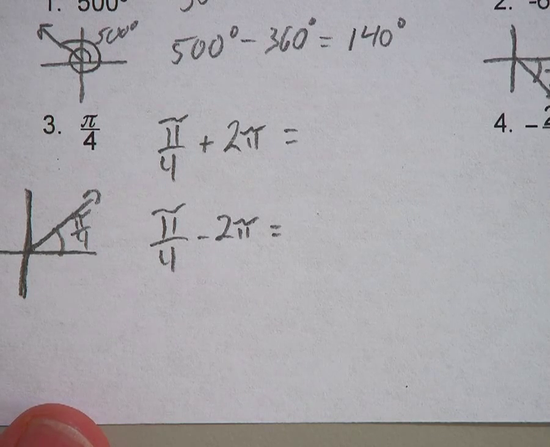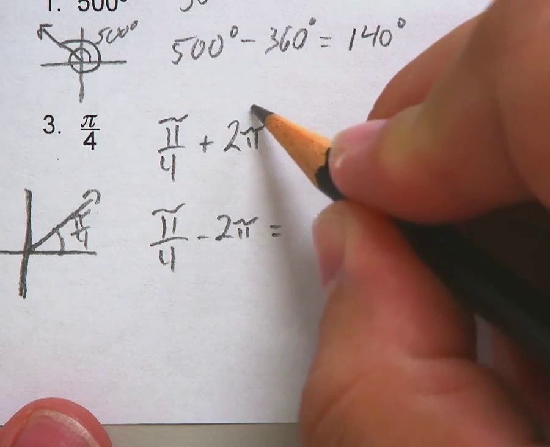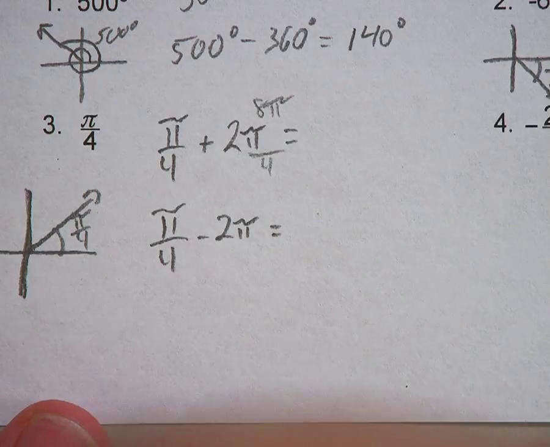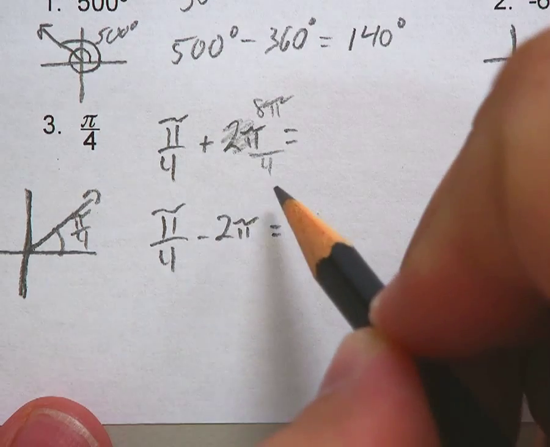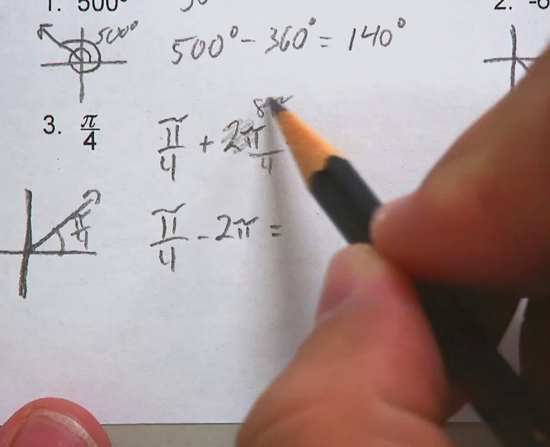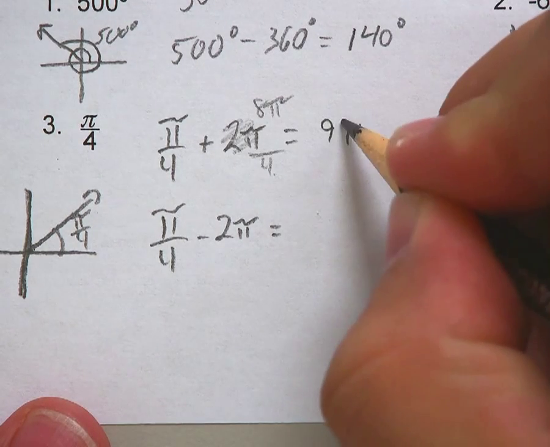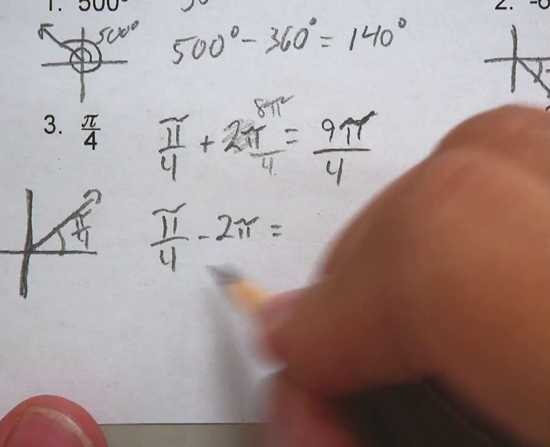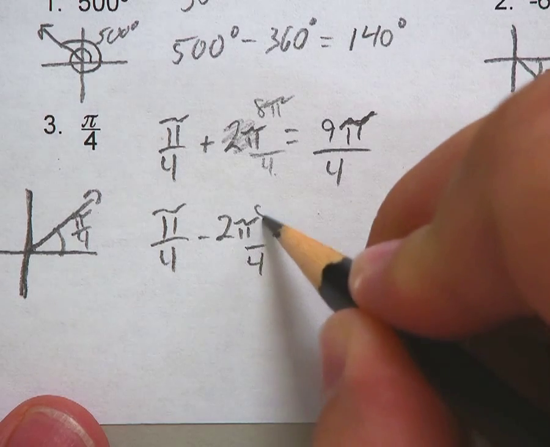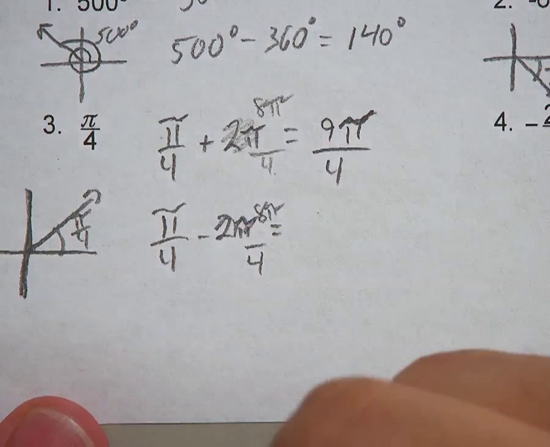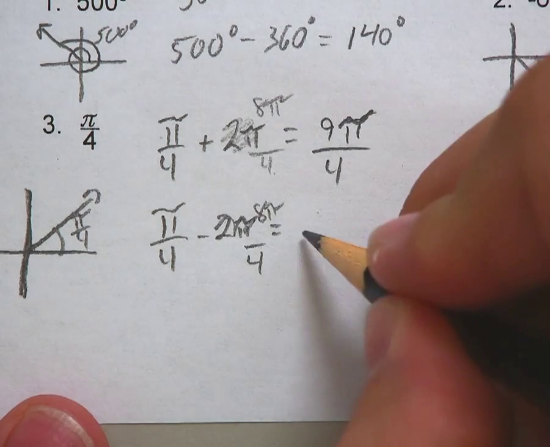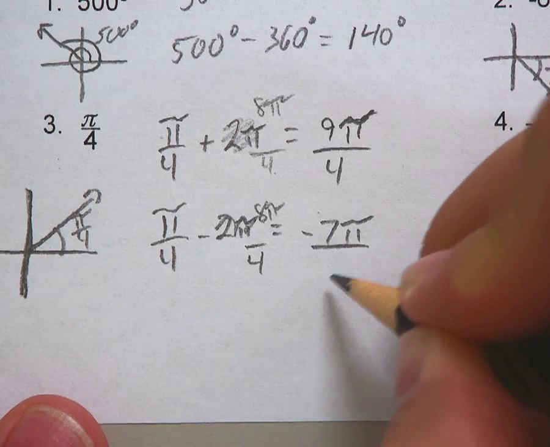So this is kind of like saying 8 over 4. This is like saying 8 pi over 4 for common denominators. So you've got 1 pi over 4 plus 8 pi over 4 is 9 pi over 4. Same thing down here, common denominators puts this at over 4 and this at 8 pi. Multiply by what you need to make the denominators the same. Pi minus 8 pi is negative 7 pi over 4.